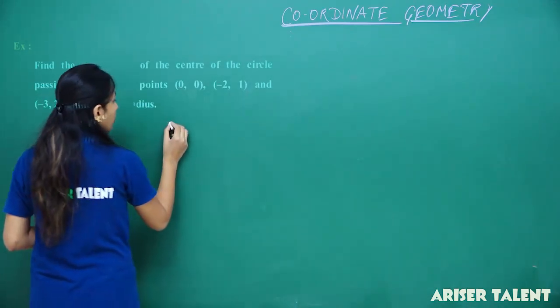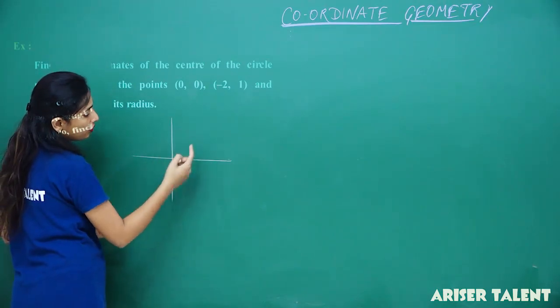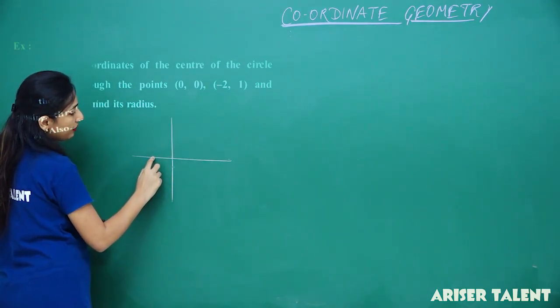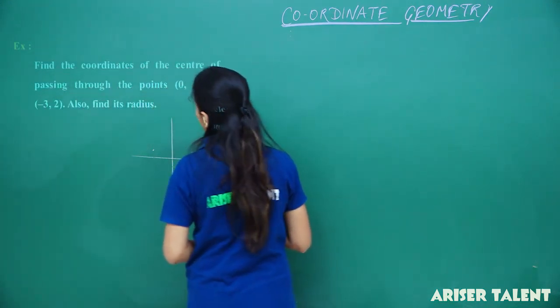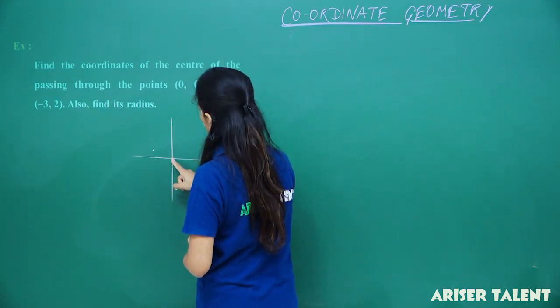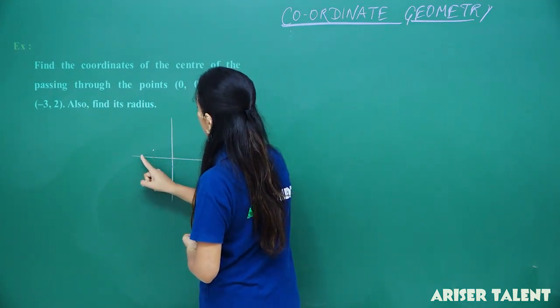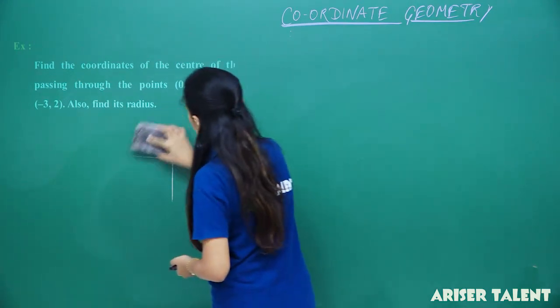Understand this. If I talk about this axis, here is (0, 0). Now -2 on x and 1 here, so that will be something like there, and (-3, 2). Counting -3 on x and 2 on y, that point will be here. So that's a circle.